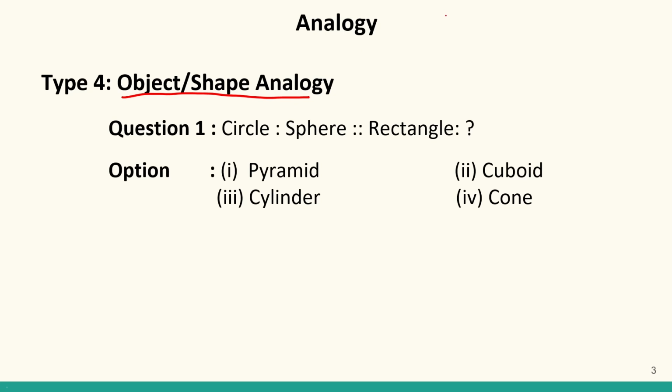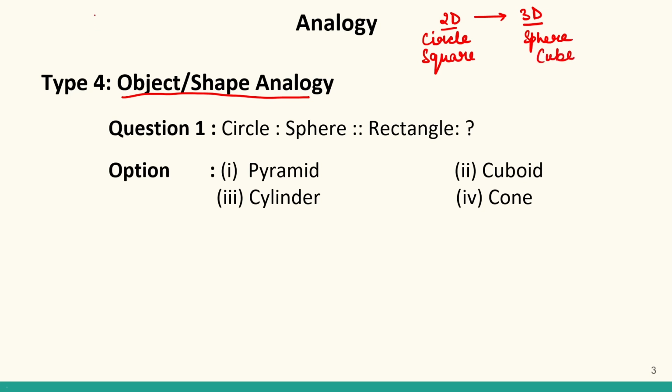The first thing that we discussed was what 2D figures are called and what their corresponding 3D figures are. For example, the first is circle. The 3D figure for circle is called a sphere. Similarly, for square, which is a 2D figure, its corresponding 3D figure is called a cube.